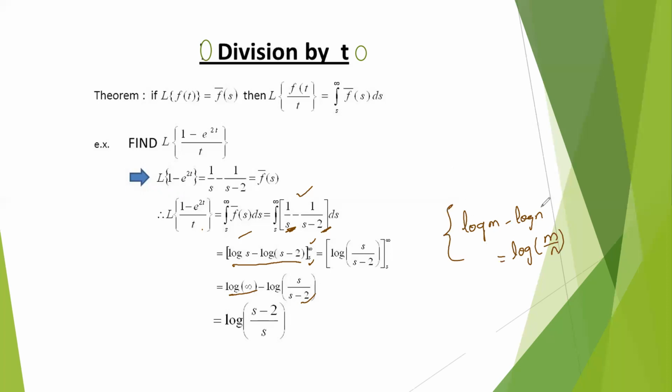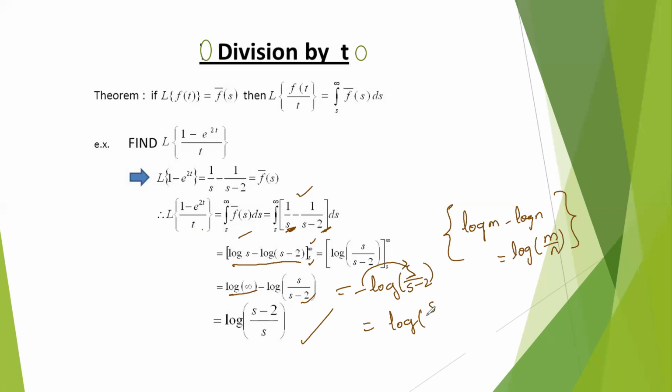So after applying the upper limit and lower limit, log infinity minus log of s by s minus 2 is obtained, whereas log infinity becomes 0 and the leftover term is minus log of s by s minus 2. Okay, and if this minus becomes the power of this, then what happens?